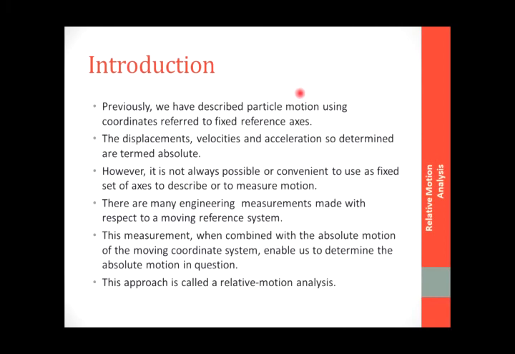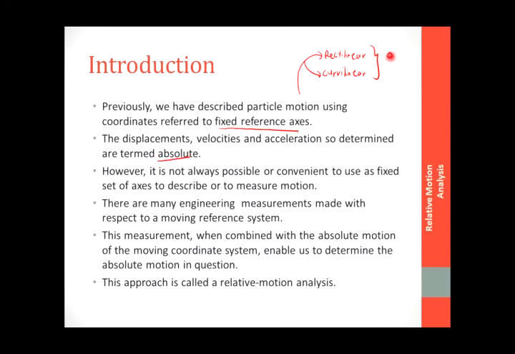So previously we have learned about rectilinear motion and curvilinear motion, and both of these have a fixed reference axis O, either in linear or curvilinear, and the displacement, velocity and acceleration are determined as the term absolute.